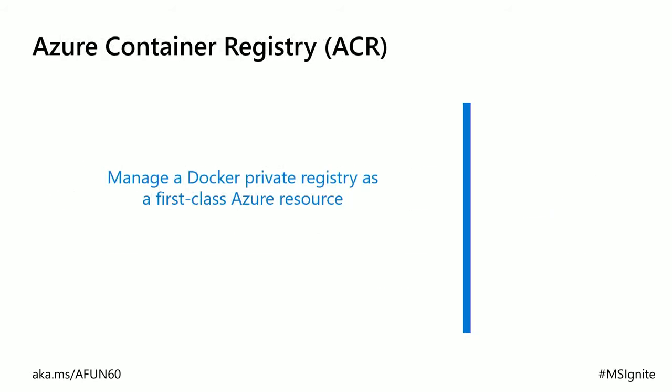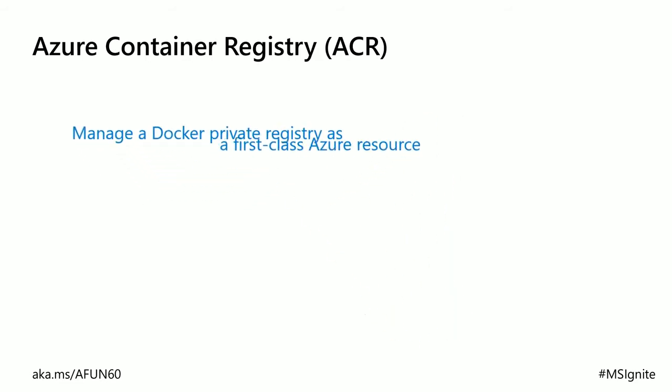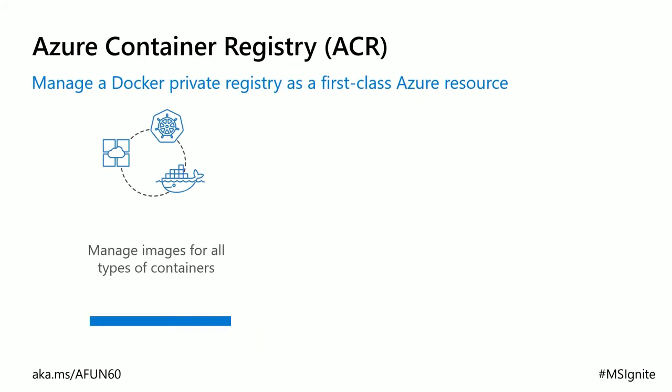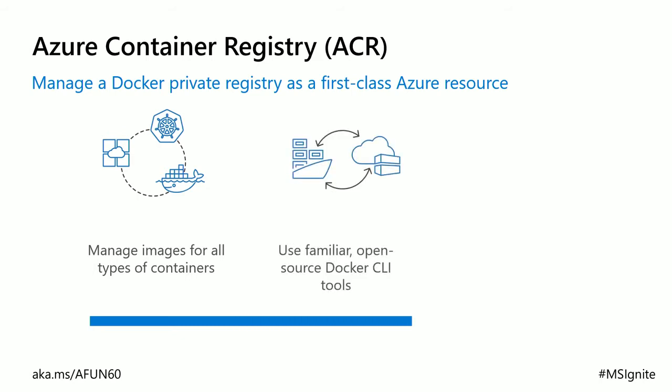So managing your private registry and private access to your images basically allows you to manage all types of containers, not just your Docker containers. It allows you to store Mesosphere, Docker Swarm, Kubernetes, and other Azure service types that are there, Helm charts as well. And you or your DevOps team can seamlessly integrate the build and deploy process right into your workflows.